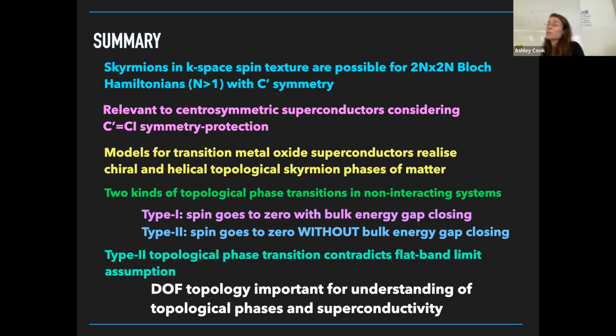Yeah, so maybe at least one comment that I can make as a step towards addressing this is this example that happens for the strontium ruthenate type binding model, where you do not have a non-trivial homotopy group associated with the orbital angular momentum.